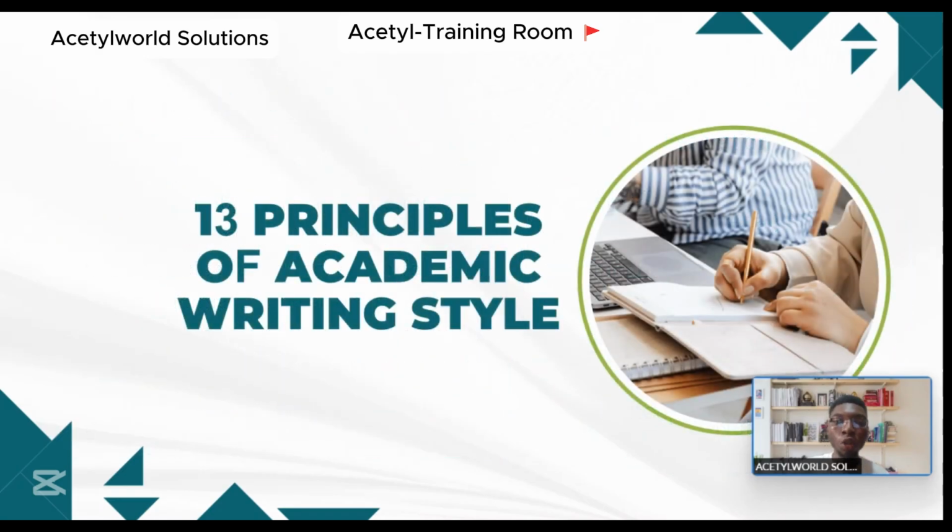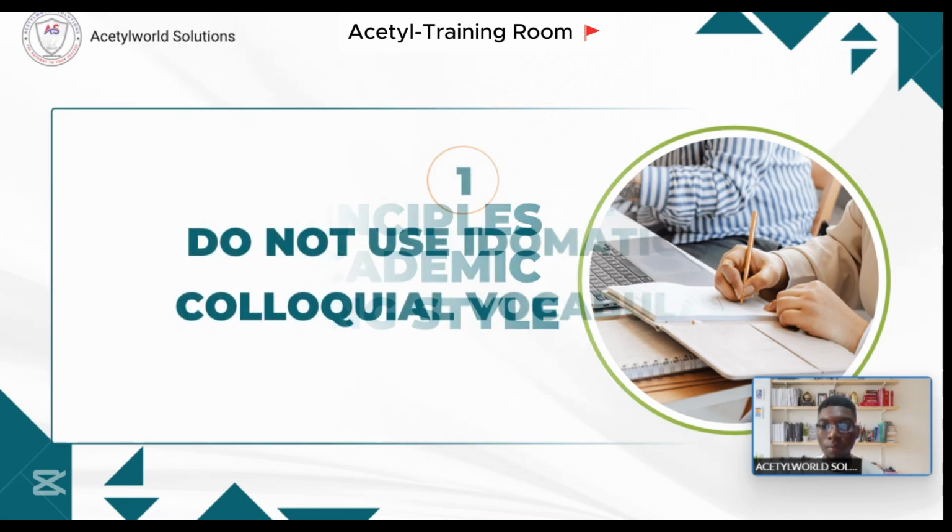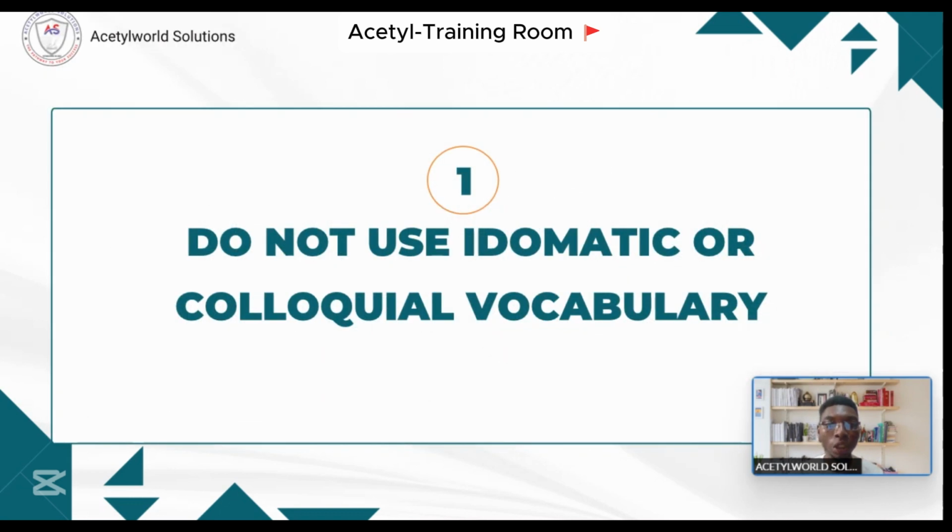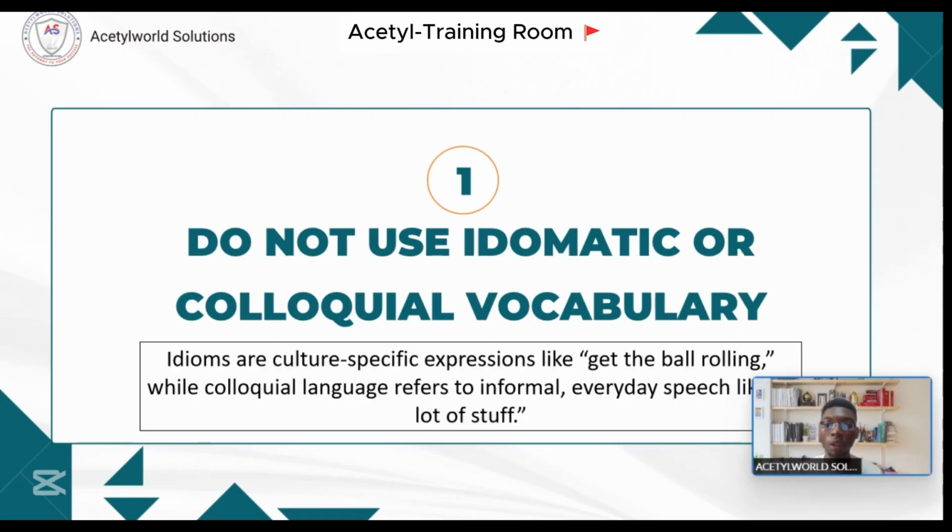Now, I will be showing you the 13 principles of academic writing style, something that could bring about the structure of academic tone, principles that you can follow to maintain an academic tone. Number one, do not use idiomatic or colloquial vocabulary. Idiomatic refers to culturally specific expressions, where you walk around the actual word, like get the ball rolling.